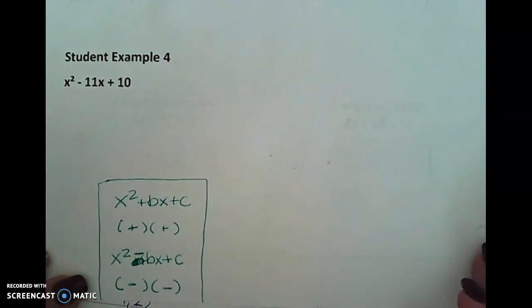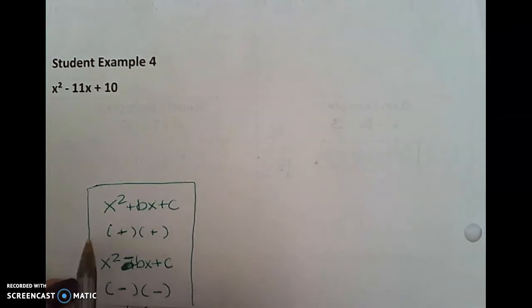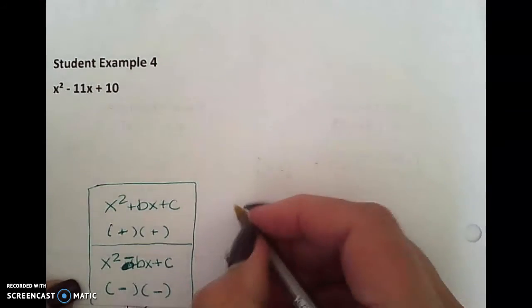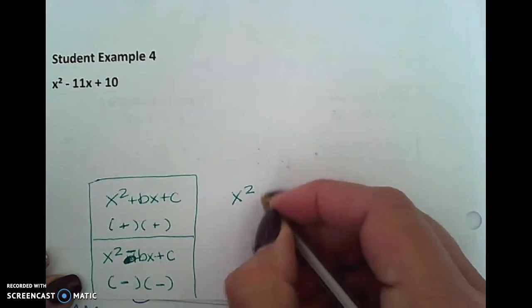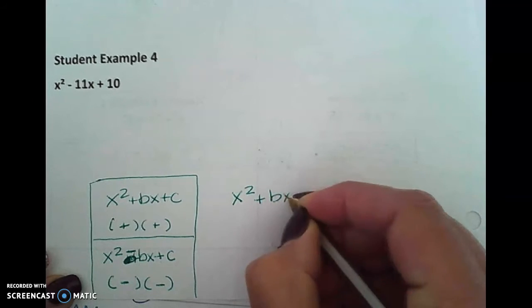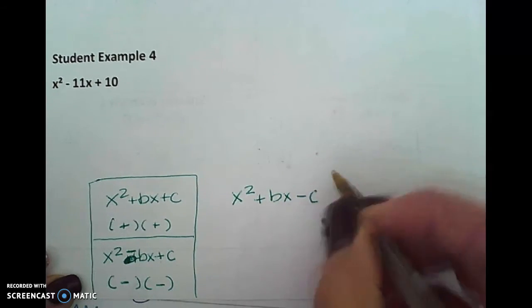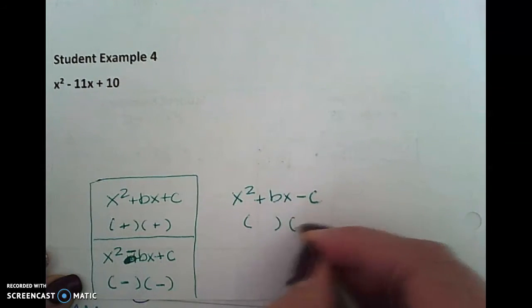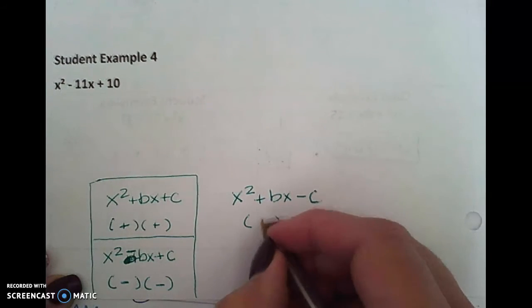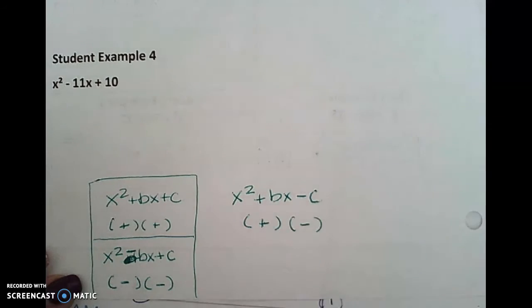The trickier part is when the signs are different. So let's look at how those trinomials look. X squared plus bx minus c. Anytime your third term is negative, your signs are going to be different, because that's the only way you get a negative is when you multiply a positive and a negative.